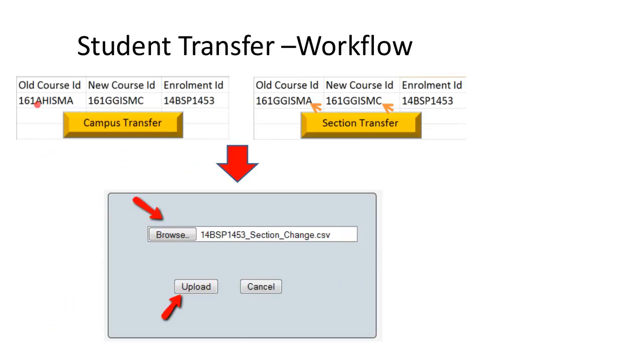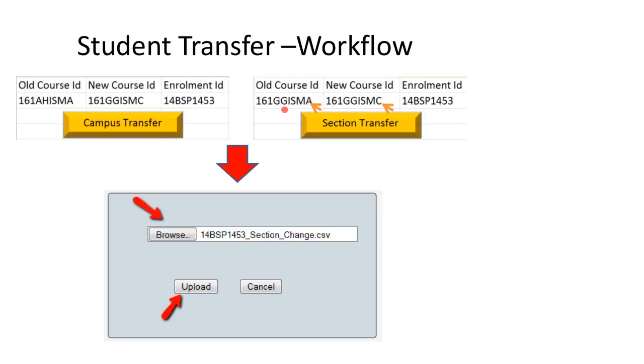Here AH stands for the Ahmedabad campus. When students move to the Gurgaon campus, GG stands for Gurgaon, and we give the enrollment ID. Automatically, the student will be enrolled in the Gurgaon campus. Here A stands for A section and C stands for C section. Similarly, if there is any section transfer within the course, you can find A here and C here within the same campus.